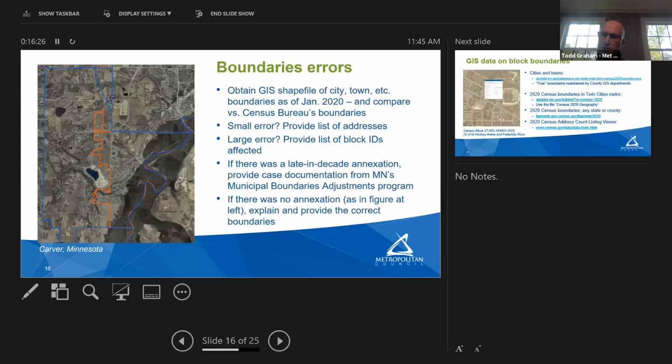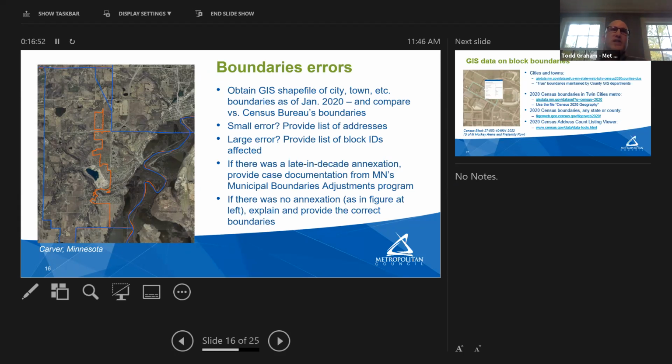Okay, this presentation today, this 25 minute time slot, got a couple of minutes left, is really not enough to serve as real training, but I am going to describe now the basics of the three issues that Census is considering within scope. First is boundary errors. We've got a nice map here on the left side of the screen.